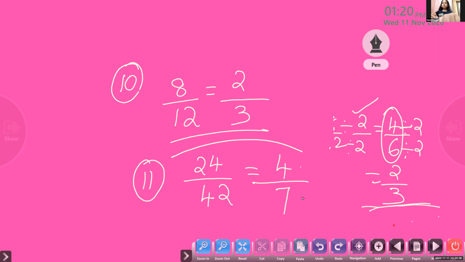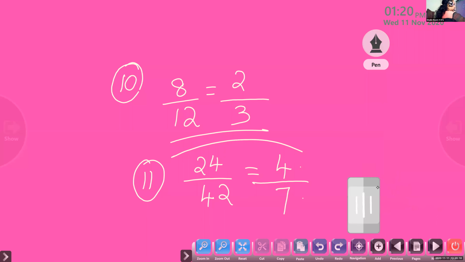So always when you write the lowest form, children, please check whether there is any number we can divide the numerator and denominator by together. If we cannot divide, it means that fraction is in the lowest form. Understood?